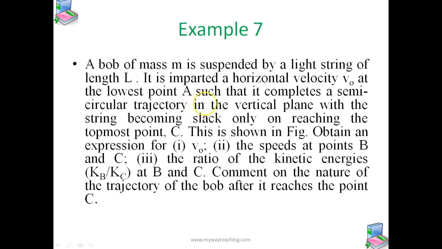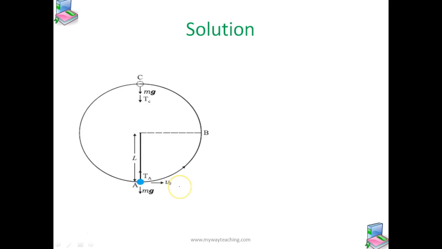A bob of mass m is suspended by a light string of length L. It is imparted a horizontal velocity v naught at the lowest point A, such that it completes a semicircular trajectory in the vertical plane with the string becoming slack only on reaching the topmost point C. So obtain an expression for v naught, the speeds at points B and C, and the ratio of the kinetic energies Kb by Kc at B and C, and even comment on the nature of the trajectory of the bob after it reaches the point C. You can consider this figure.